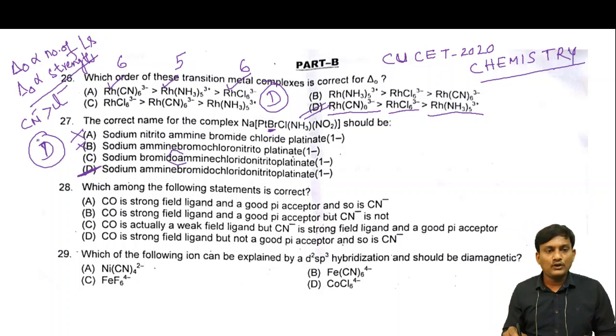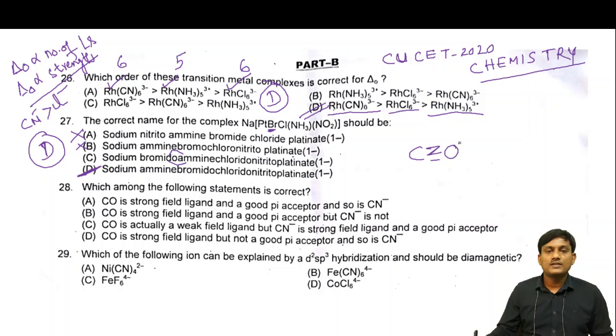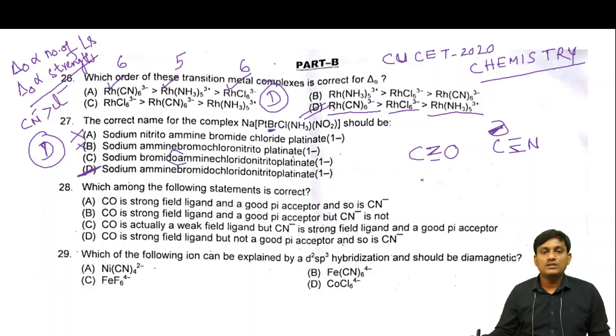Which among the following statements is correct? CO is a strong field ligand and a good pi acceptor, and so is CN-. If you take CO, C triple bond O, and C triple bond N minus, in these two cases you have pi bonds, so there is a pi star or pi antibonding orbital.